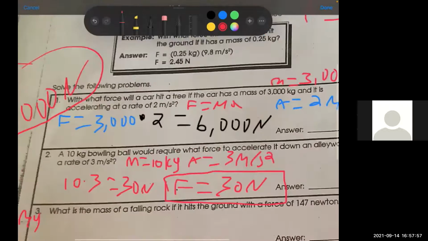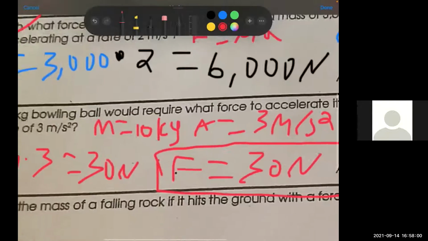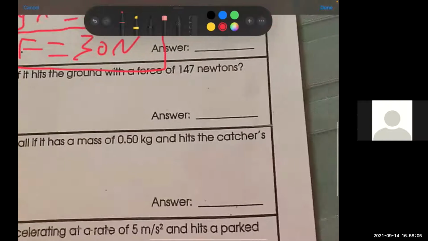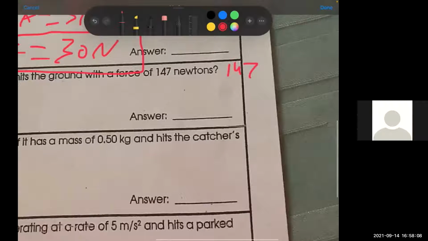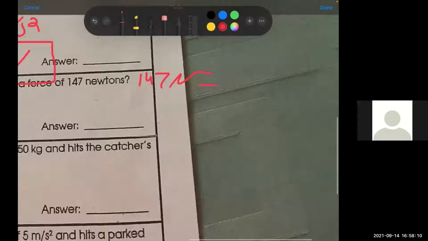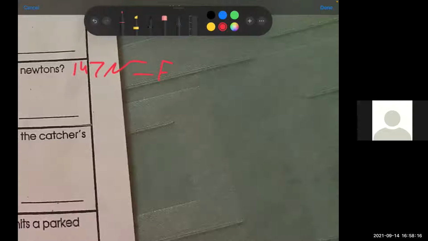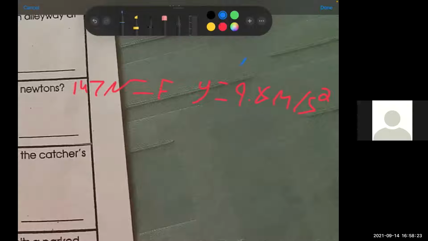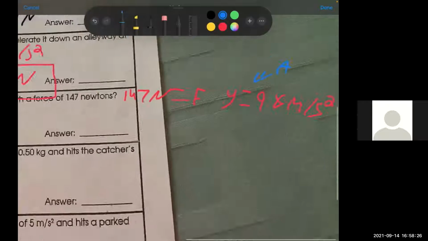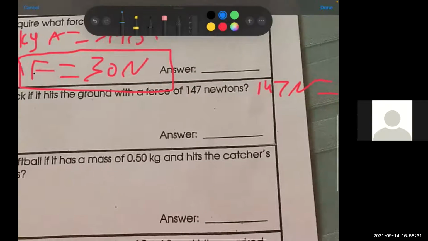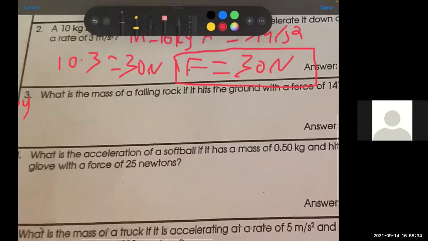We know the gravity of the Earth is 9.8 meters per second squared. So 147 newtons is our force, and gravity on the Earth is 9.8 meters per second squared, also known as the acceleration. For this, we call it gravity. Don't get confused.